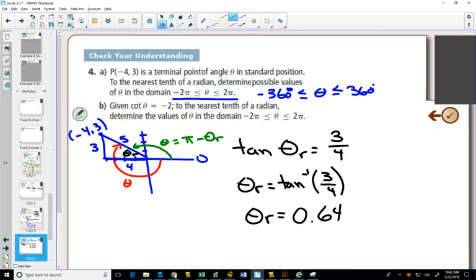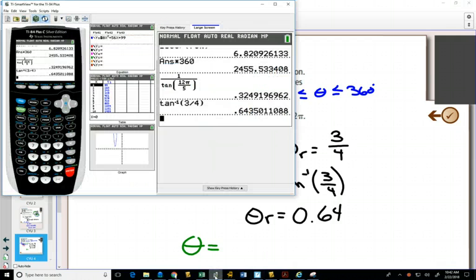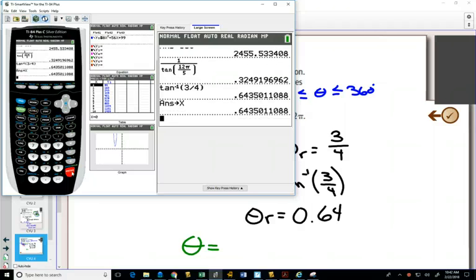And so when I calculate my green one, again, I'm going to need to go to my calculator. And one of the things that I'm going to do in my calculator, and depending on which calculator you have, some different options, I'm going to need to use that reference angle more than once. So above your on button is a store button. I'm going to store my answer as x. And it just temporarily stores it as x.